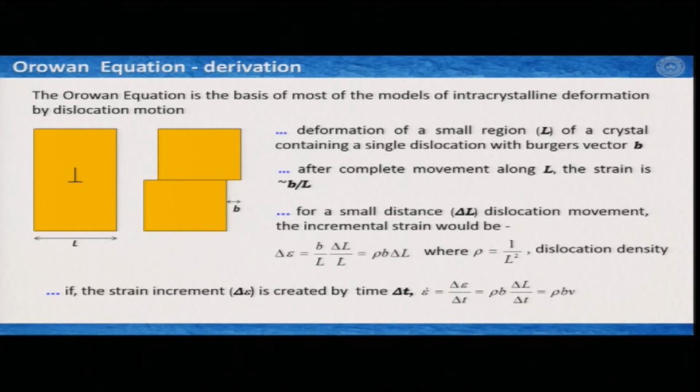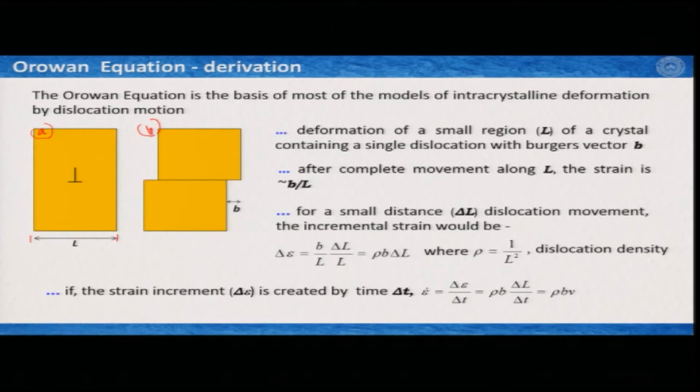In this slide, we have this yellow grain where this inverted T is a dislocation, and the length of this crystal is L. Now, when the dislocation moves from one end to the other end of this grain, at the initial stage, let us say A, and at the final stage B, we see that the grain has deformed.